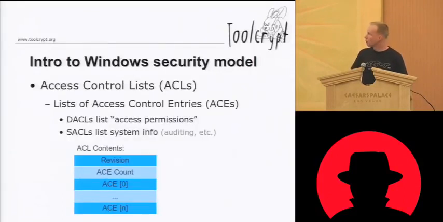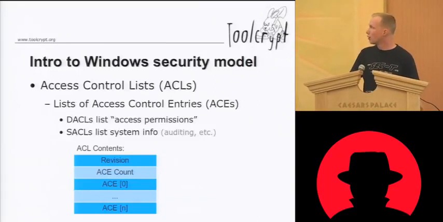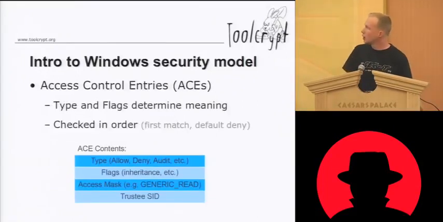Access control lists are basically just a list of access control entries, and access control entries are of a certain type. You have one type, for example, controlling auditing of access to system resources, and that's only used in the system access control list, or the SACL.